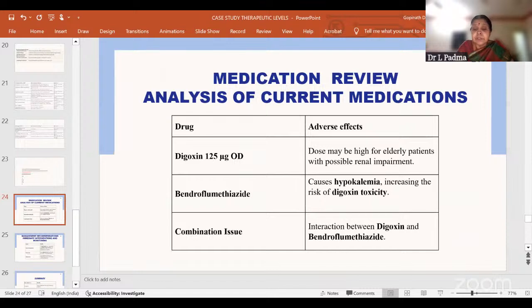Okay, so now next we will go to the planning management. The second case is the planning management.